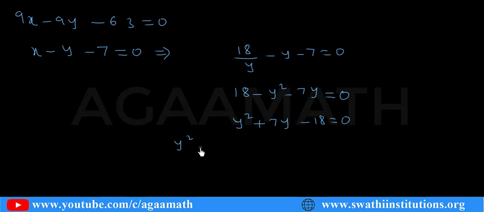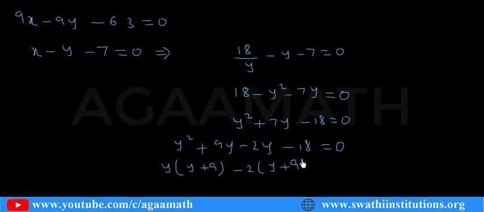I write it as y square plus 9y minus 2y minus 18 equals 0. Taking y common, y of y plus 9 minus 2 of y plus 9 equals 0. So y plus 9 is common, giving y plus 9 times y minus 2 equals 0. So y equals minus 9 or 2.